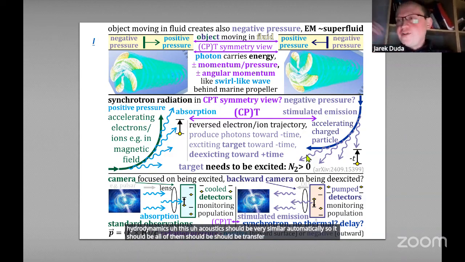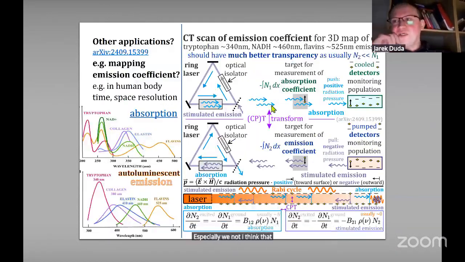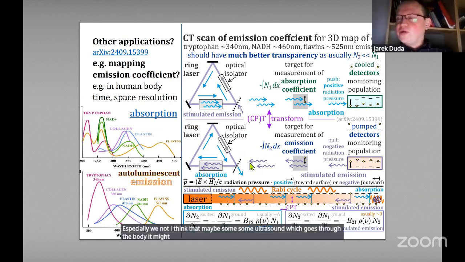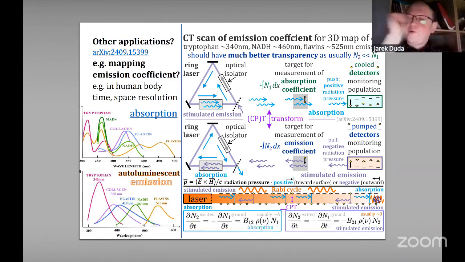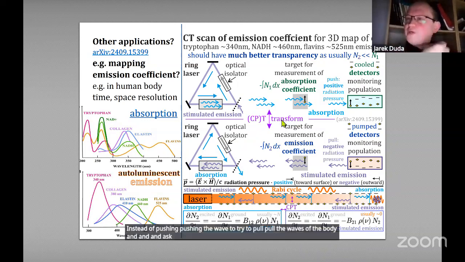But for photons, I think it's much more convenient. Especially you will not, I think, get maybe some ultrasound scanner which goes through the body. Maybe it is also worth considering here: instead of pushing the wave, to try to pull the wave to the body and ask how much of the energy was absorbed by the body.